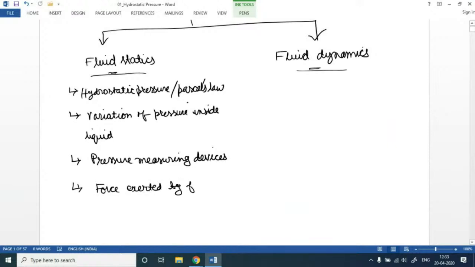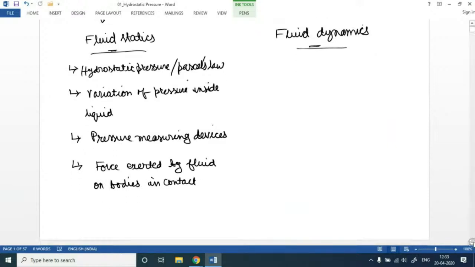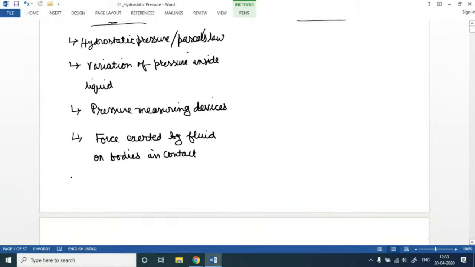So these are pressure measuring devices, and we will look at force exerted by fluid on bodies in contact. And another thing, we will be talking about Archimedes principle, that is very important.